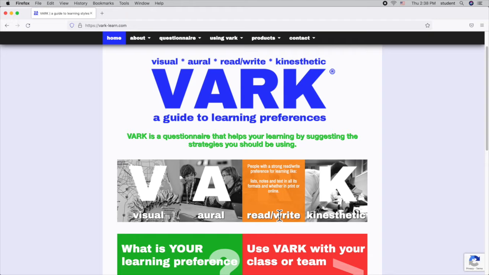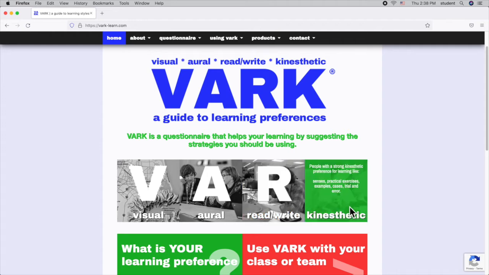People with strong read-write preference prefer lists, notes, and text in print and online. And K for kinesthetic. So people with a strong kinesthetic preference like using their senses, practical exercises, examples, case studies, trial and error. So this is a quick and easy way to think of our different learning styles.